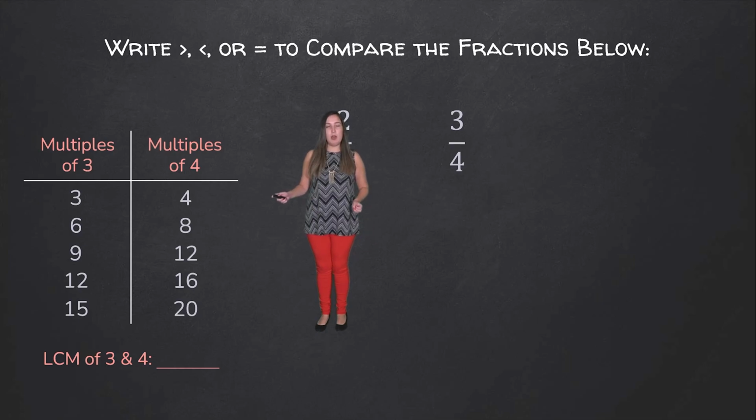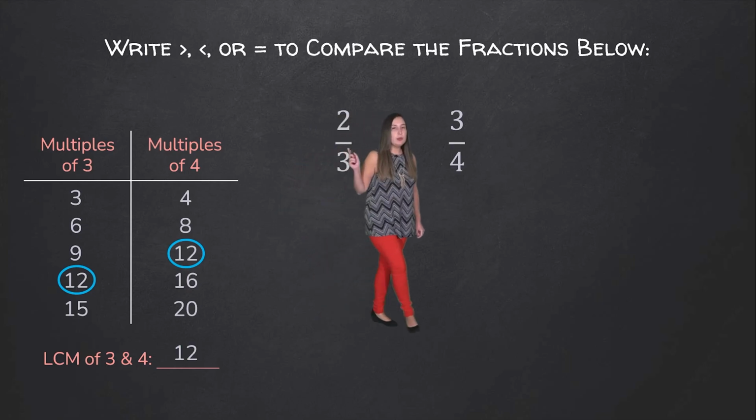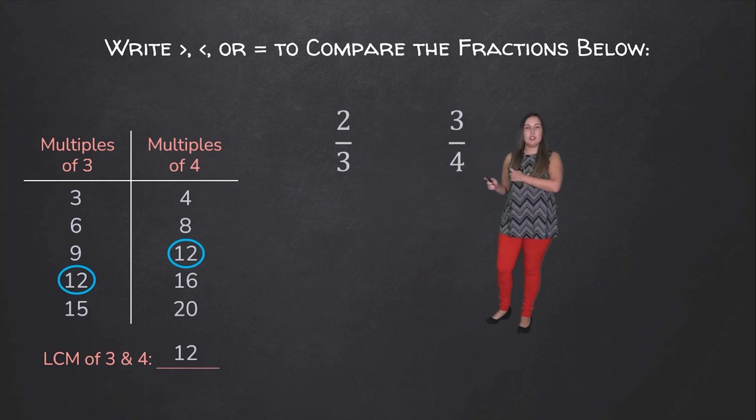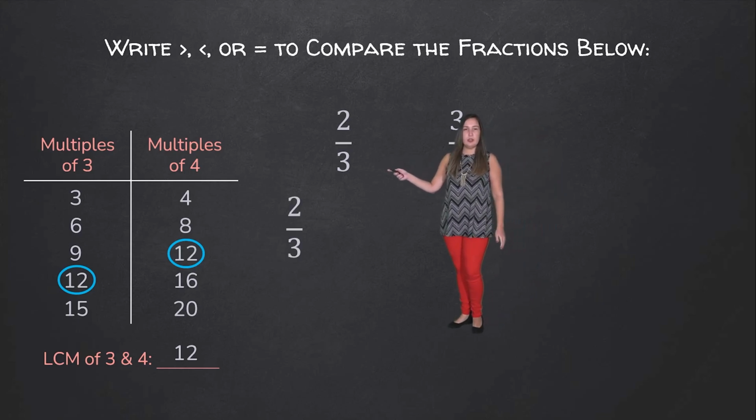Now, the smallest multiple they have in common, so their least common multiple, is 12, because that's the first number that they have in common. So our least common multiple is 12. So what we're going to do to these two fractions is write equivalent fractions with the denominator being 12. So first, let's take 2/3.